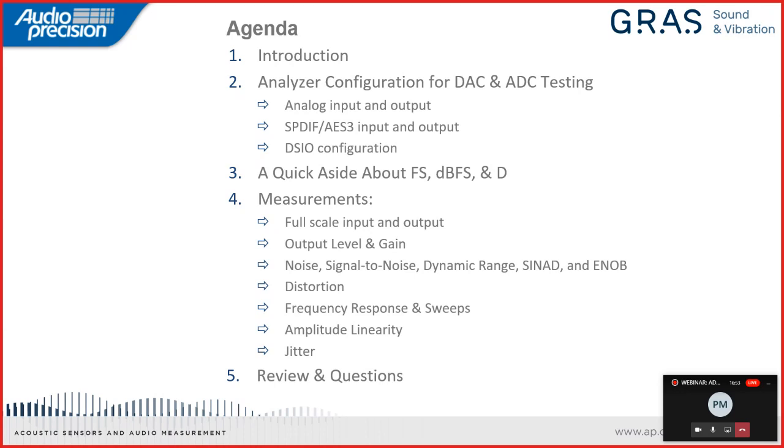And today we're basically going to look at the two canonical classes for DACs and ADCs, SPDIF and our digital serial interface. We'll have a little bit of discussion about units of measurement when we're talking about digital audio. And I hope we'll spend most of our time looking at measurements on these devices themselves. As Paige said, feel free to submit any questions you may have as we go via chat, and we'll also have an opportunity at the end to review and go over any questions.